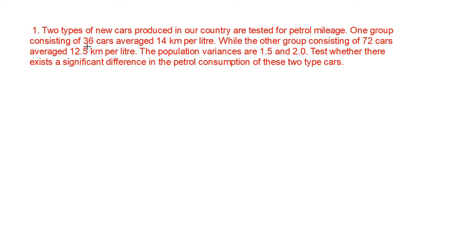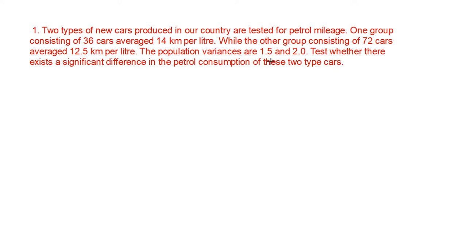Here it is given: sample 1 size is 36, sample 2 size is 72, the mean of sample 1 is 14 and the mean of sample 2 is 12.5 km per litre. The population variances, sigma 1 square is 1.5 and sigma 2 square is 2.0.